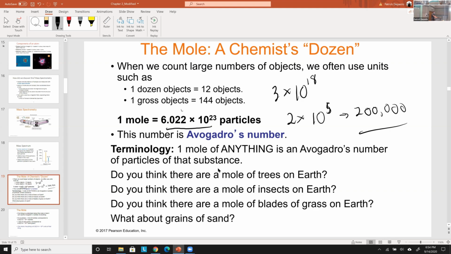That means Avogadro's number, the 6 times 10 to the 23rd, of atoms of oxygen weighs 16 grams. Fits in your hand, 16 grams. For iron, 55.8 grams, and that could fit in your hand, a little bit heavier, but it could fit in your hand.